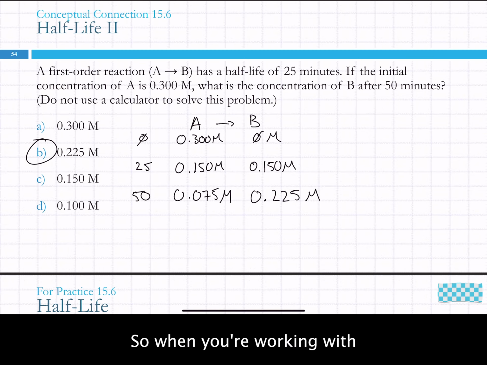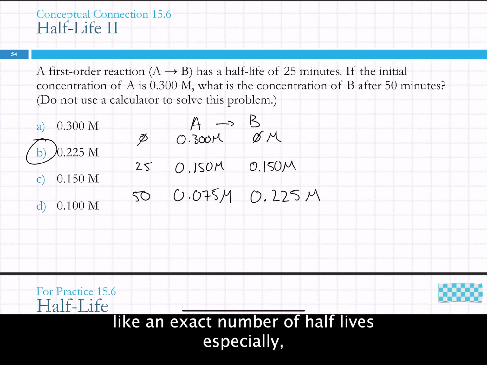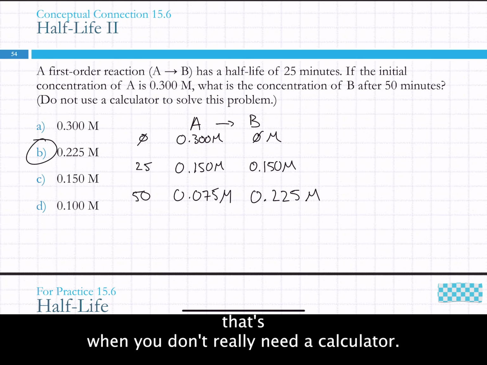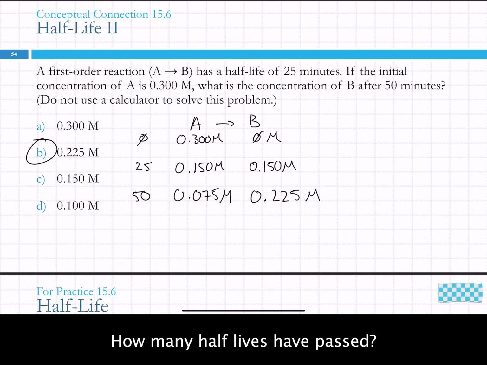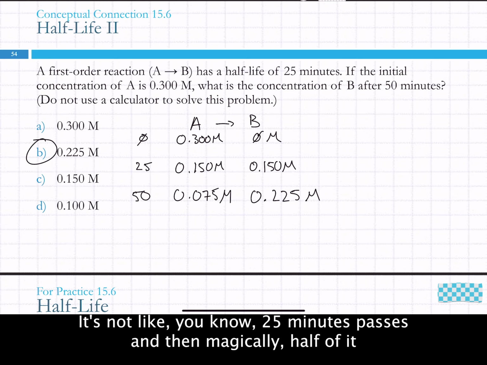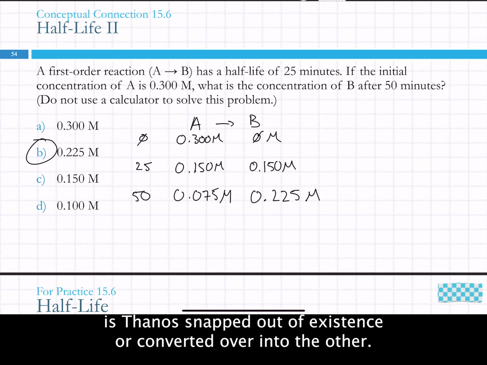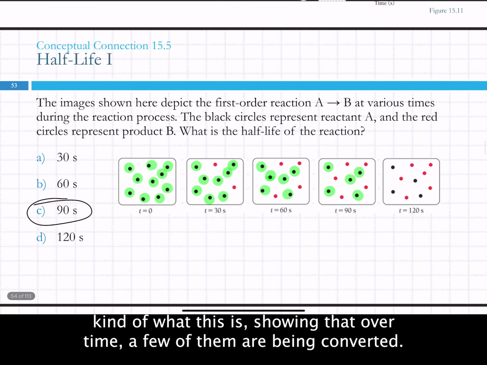So when you're working with an exact number of half-lives especially, that's when you don't really need a calculator. You just say, how many half-lives have passed? How many times do I cut it in half? But it's not like 25 minutes passes and then magically half of it is Thanos snapped out of existence or converted over into the other. I mean, that's kind of what this is showing, that over time, a few of them are being converted.